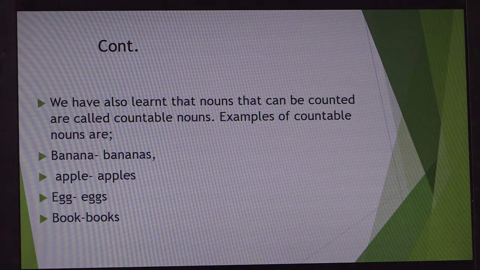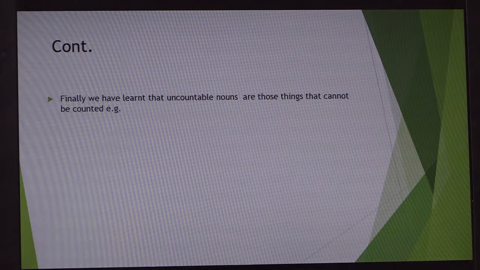We have also looked at examples of countable nouns. We have said one is a banana, many are bananas, apple and apples, egg, eggs, book and books, among many others.